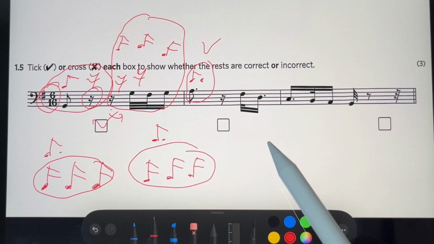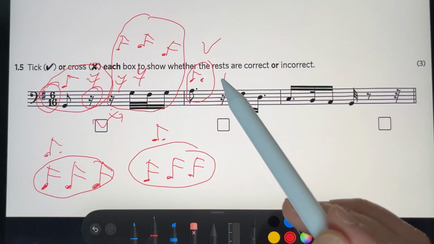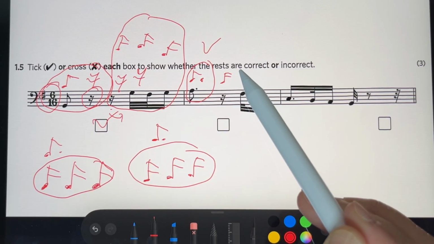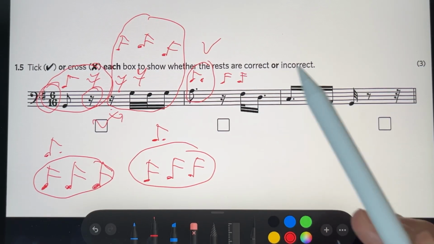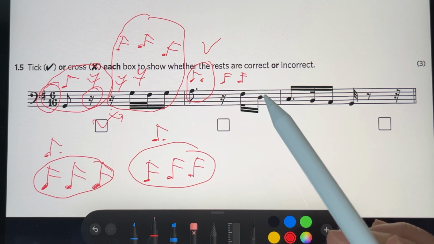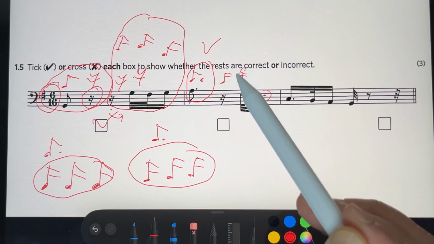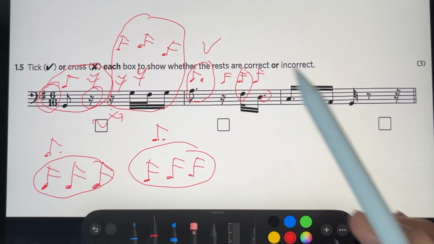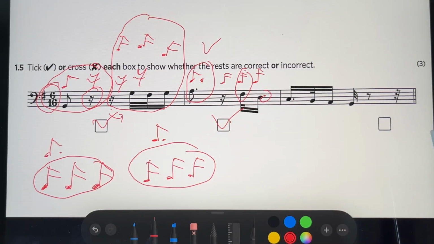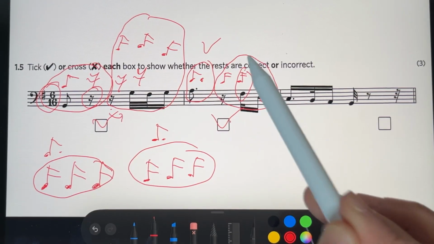And next one, I have a semiquaver and a semiquaver, and then a semiquaver. So this rest is accurate. They are grouped accurately.